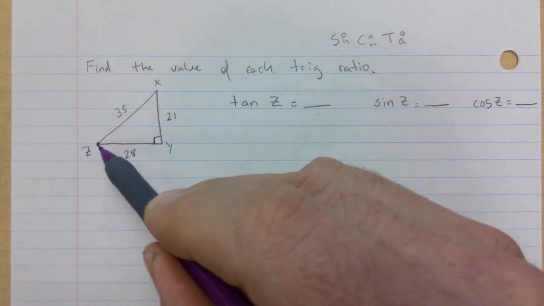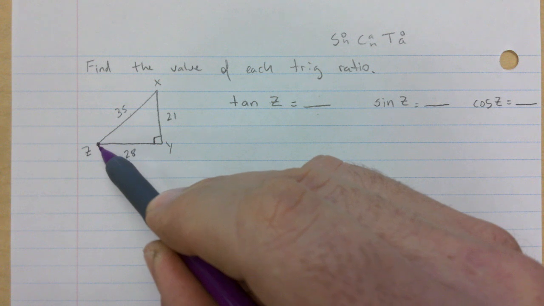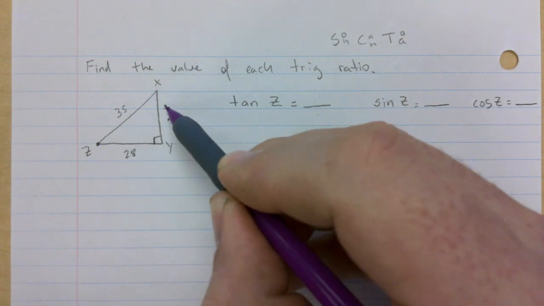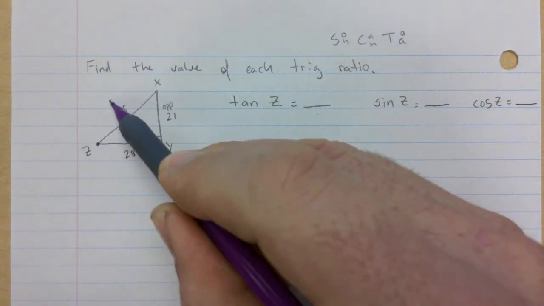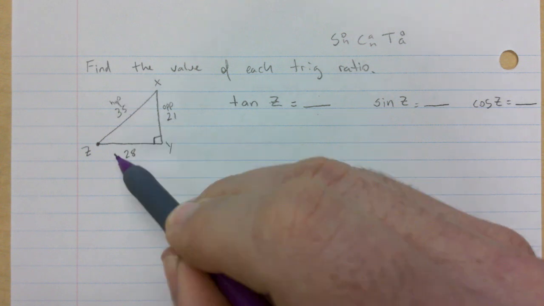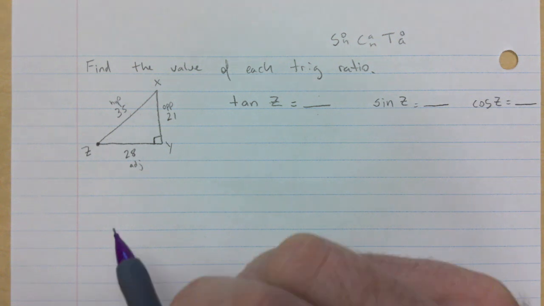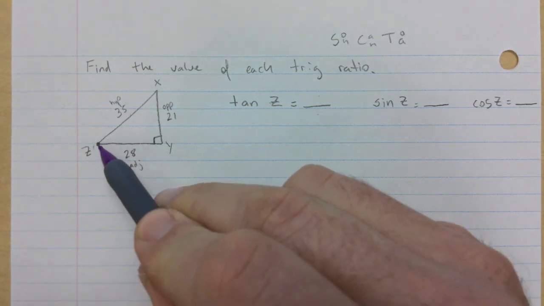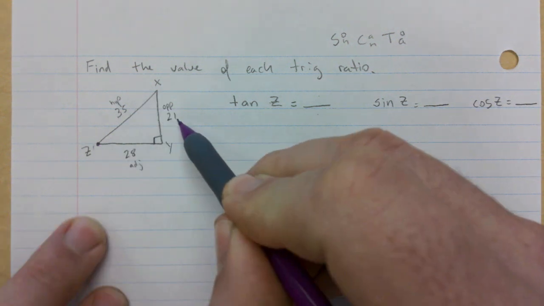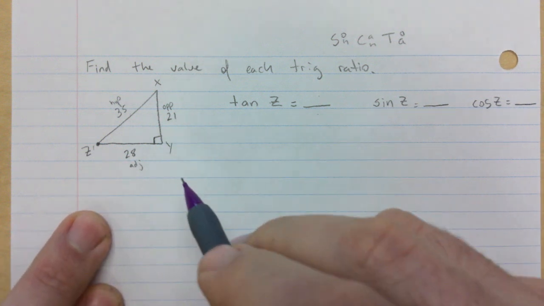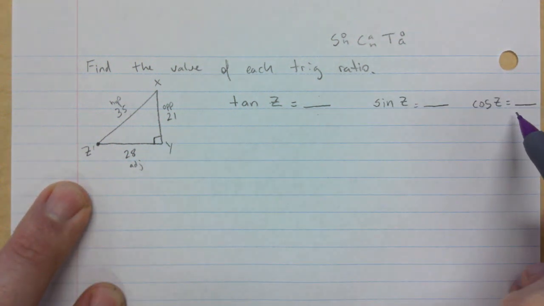But if you're using trig, sine, cosine, tan, this is your reference angle. You travel out. This is the opposite, hypotenuse, which never changes, and this is the adjacent. Opposite and adjacent will change based on if you're here or here, right? They kind of flip-flop. But right now, Z it is for all of them.